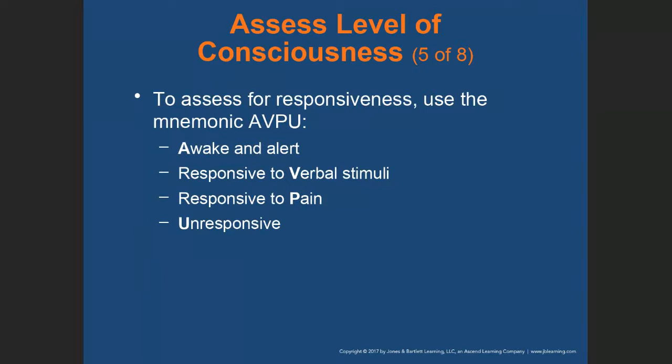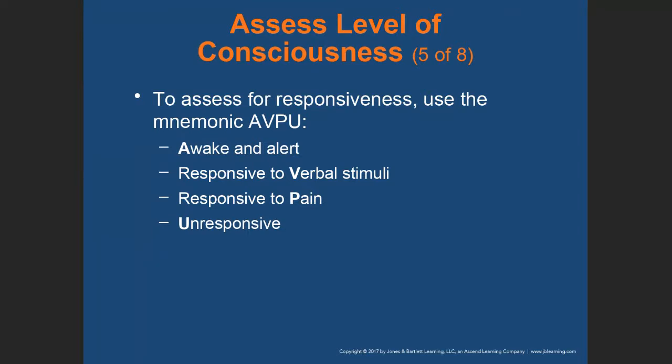To assess the responsiveness, you will use the mnemonic AVPU, which at this point in the course, all of you are very familiar with. So, is your patient awake and alert?